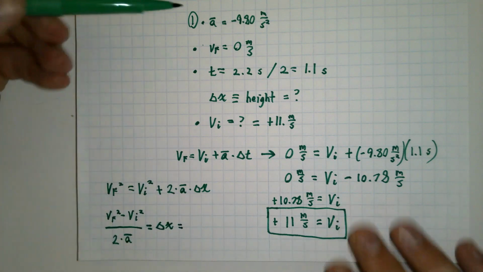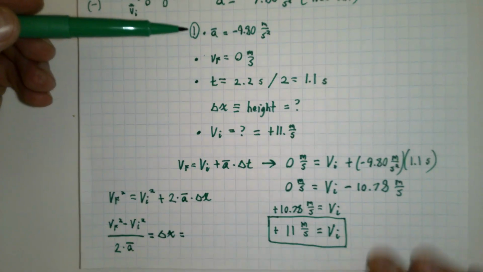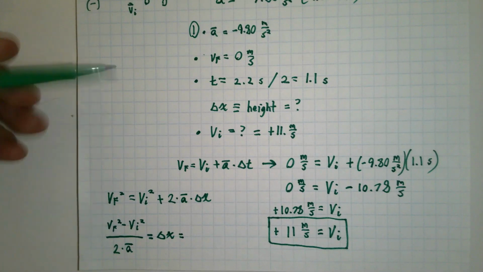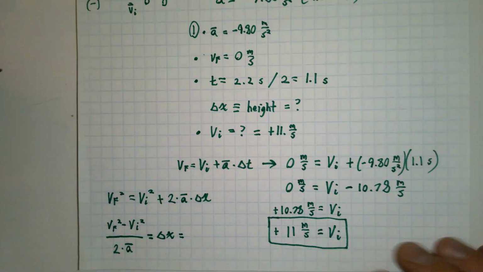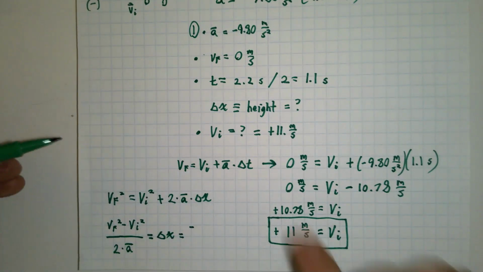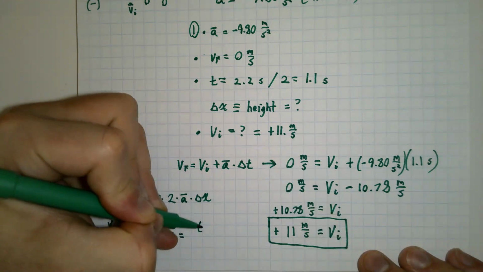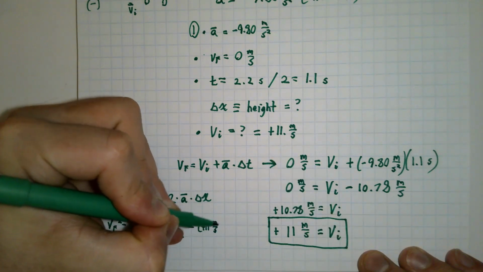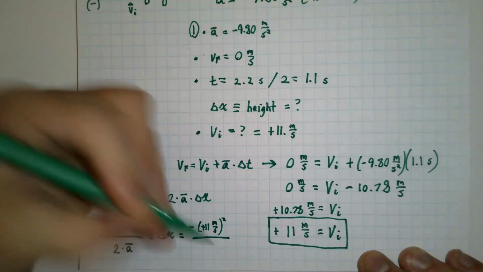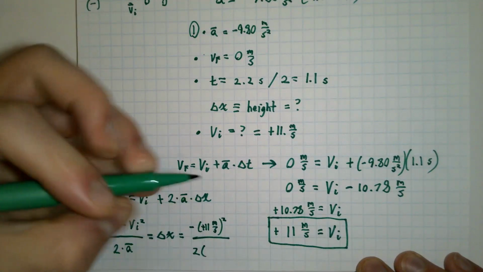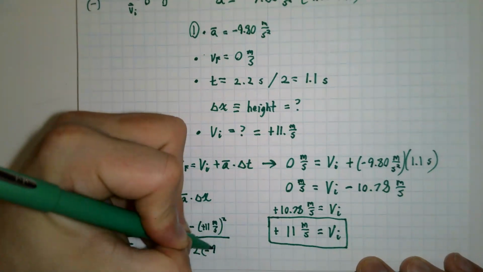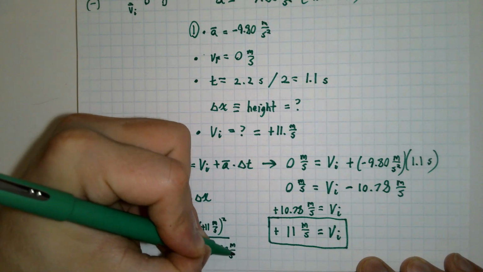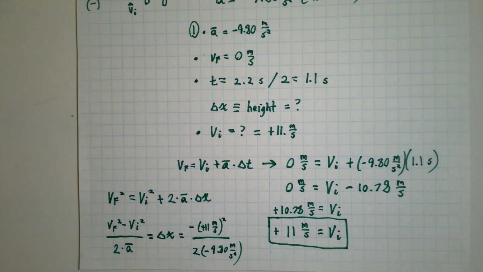Putting these values in that I know, the kinematics quantities I know, we have v_f squared is 0, so we have 0 squared, which is just 0, minus initial velocity squared, positive 11 meters per second squared, over 2 times our negative 9.80 meters per second squared. My numerator is going to end up being negative 121.